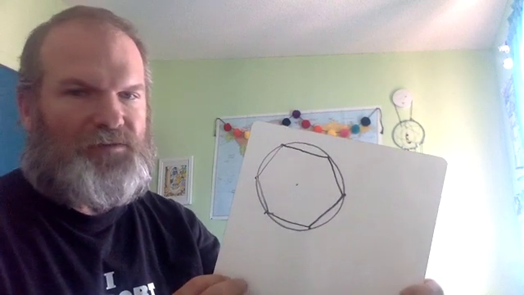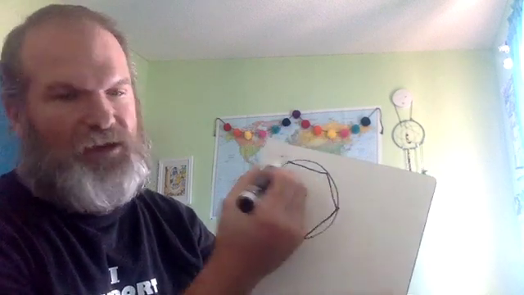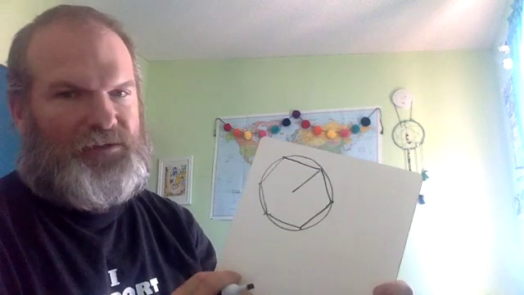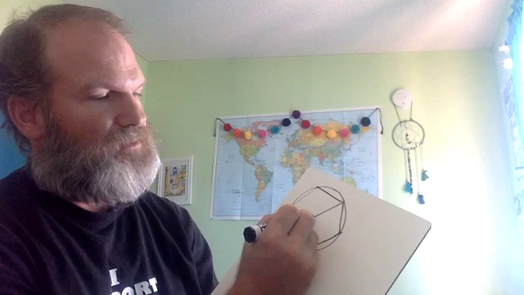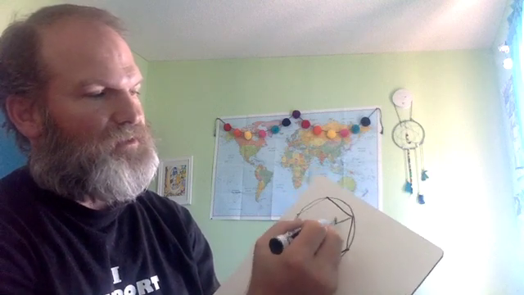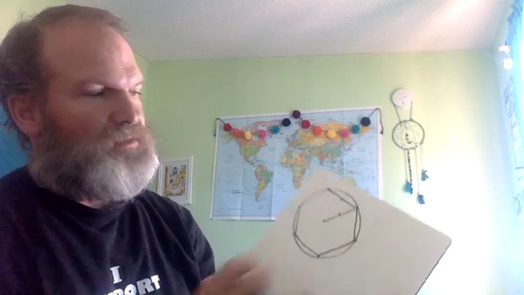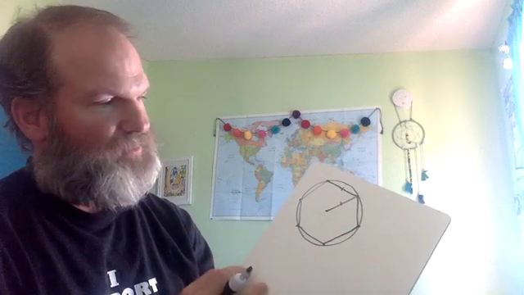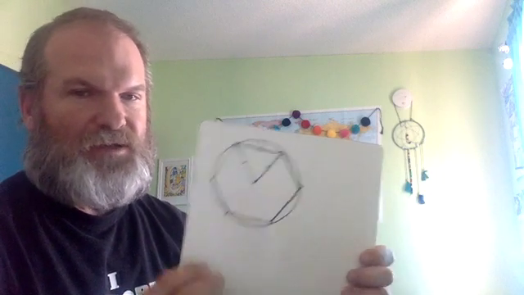So if you connect each one of these vertices on your hexagon to the center, well, that's a radius of the circle, and it's also the same length as that side right there, the perimeter of the hexagon, because it's an equilateral triangle. All 3 of those sides are going to be the same. They're all going to be the same length as a radius.